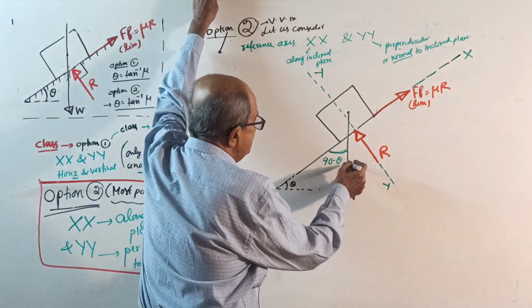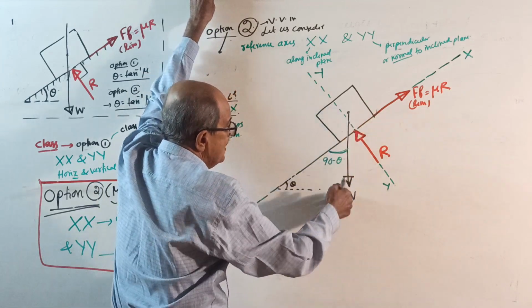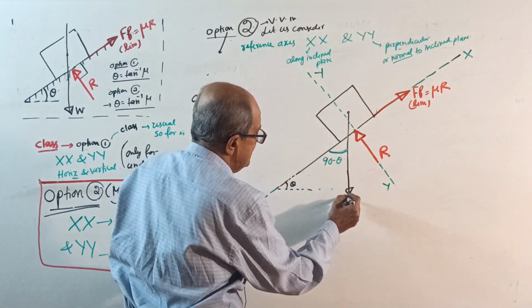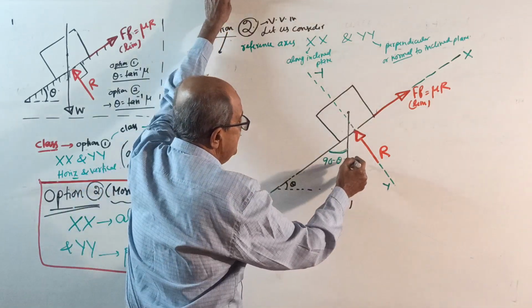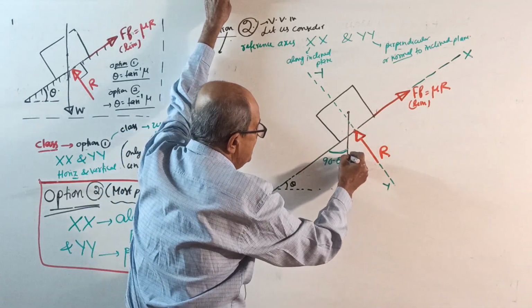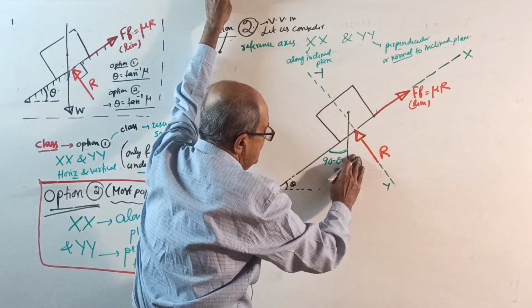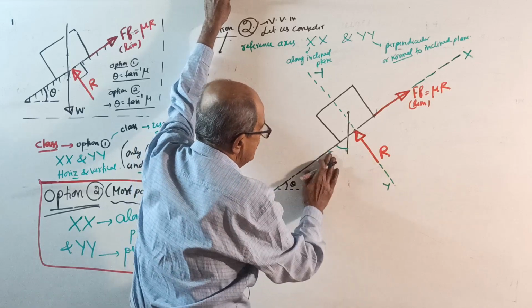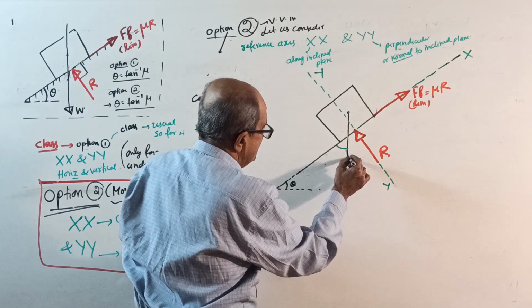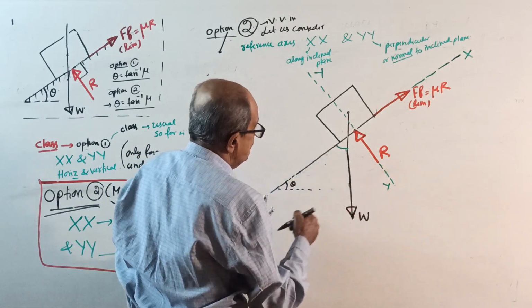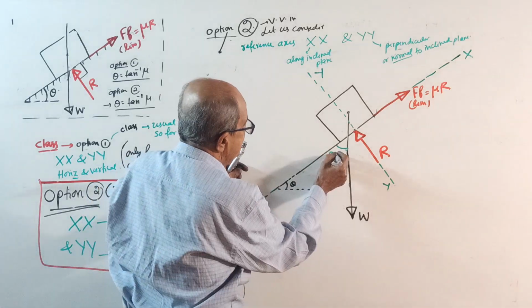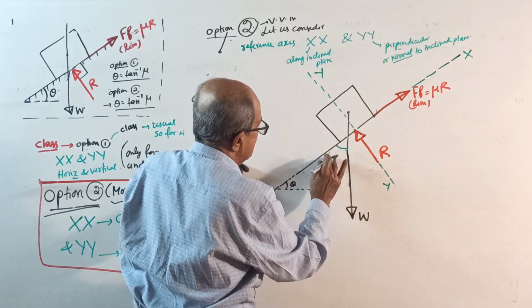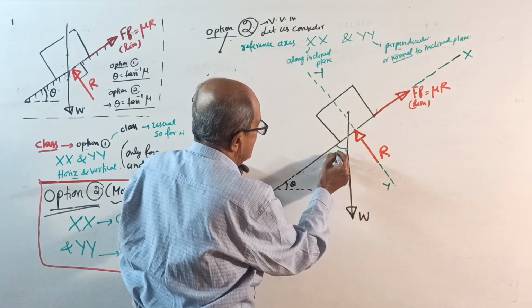So here, this W has components. I will write here because of the space problem, a little bigger to make it more clear. W, and this is your 90 minus theta, and theta.